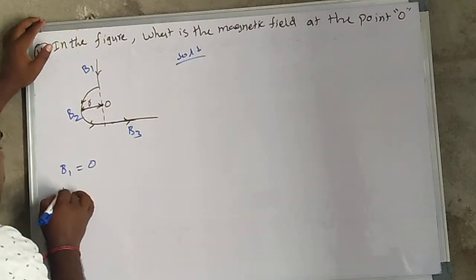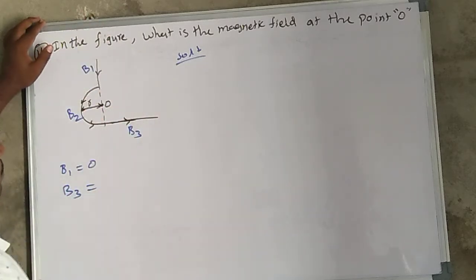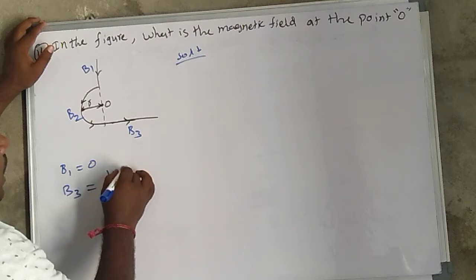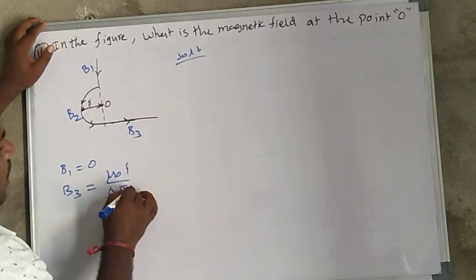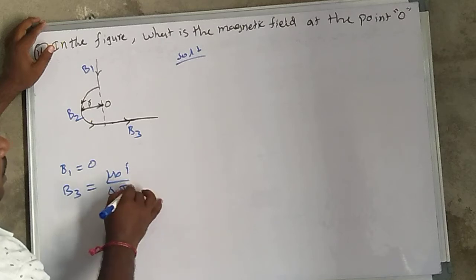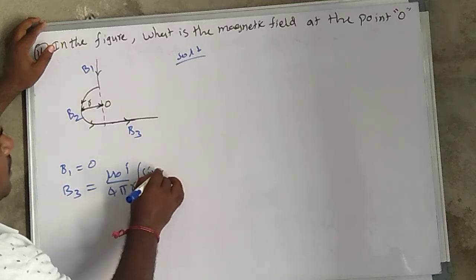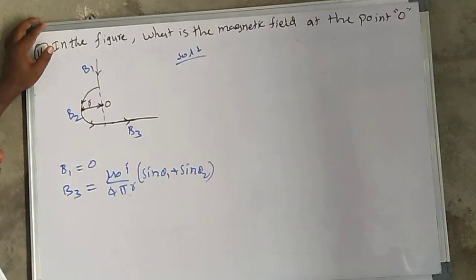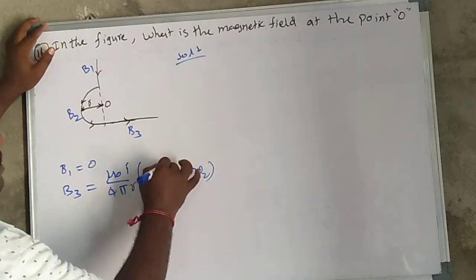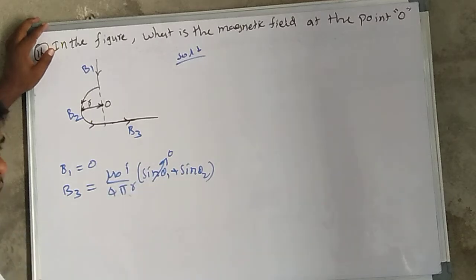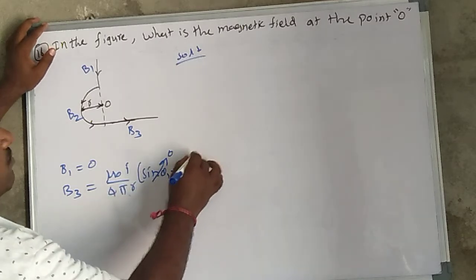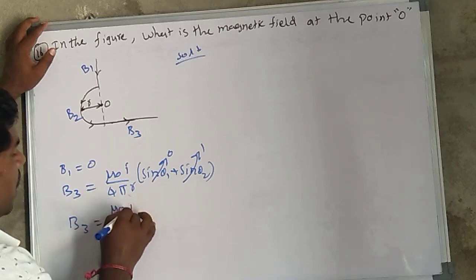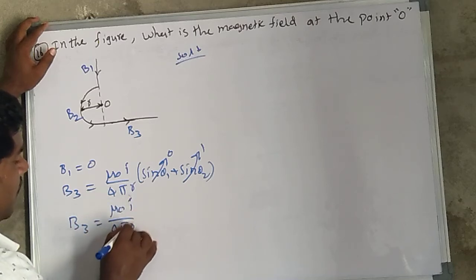That's why the magnetic field B3 is equal to mu naught I by 4 pi R, where R is the radius, into sin theta 1 plus sin theta 2. This value becomes 1. So B3 is equal to mu naught I divided by 4 pi R.